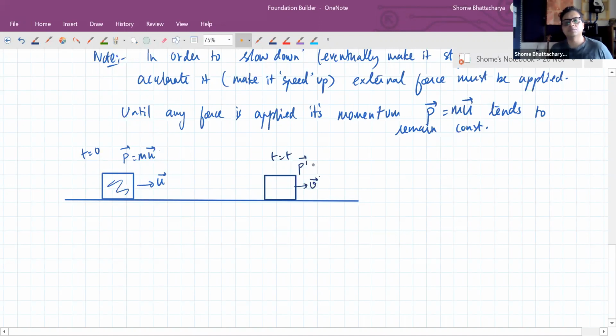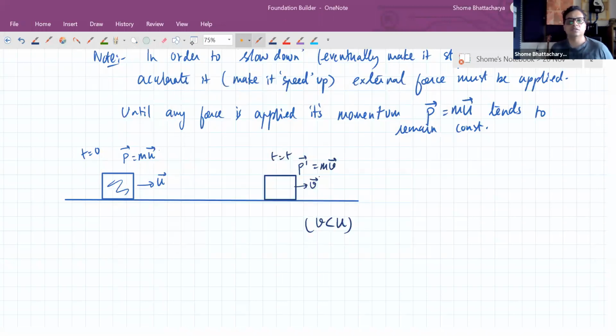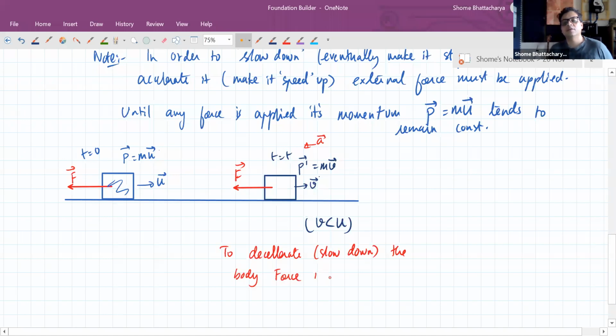So now its momentum has become some p prime, where the magnitude of the velocity is less than the initial velocity. For this to happen, we have to apply some external force in such a way that it opposes the motion, and keep applying this force, so that it gives the body this kind of acceleration. So to decelerate or slow down the body, force must act on it.